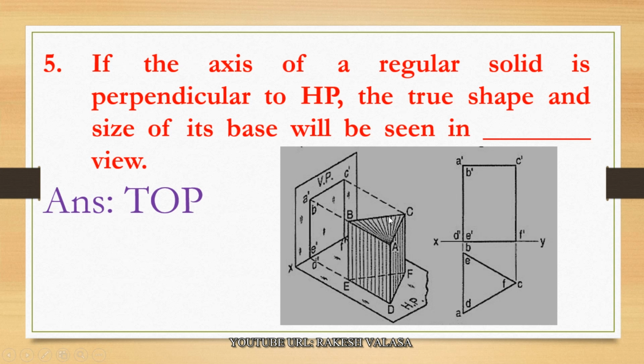This triangular prism has its axis perpendicular to HP, so we can see the true shape only in the top view. In place of a triangular prism, you can take a square prism, pentagonal prism or hexagonal prism. We can see the true shape only in the top view. So the answer is top view.